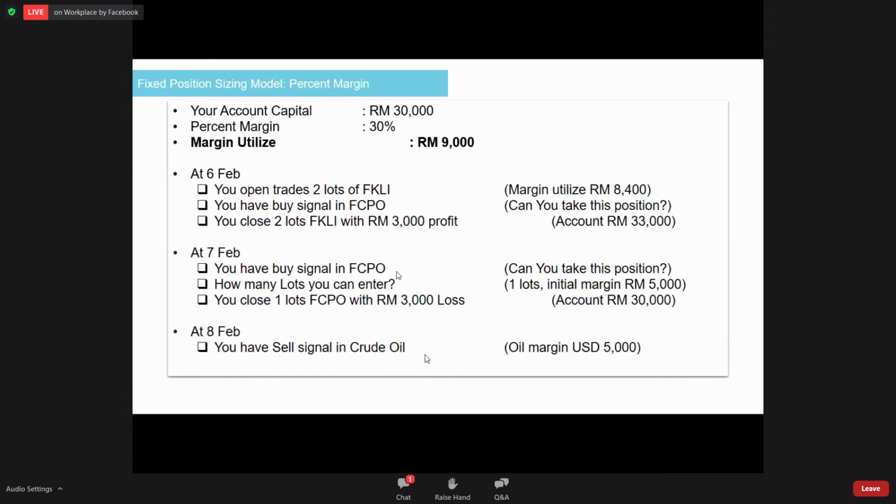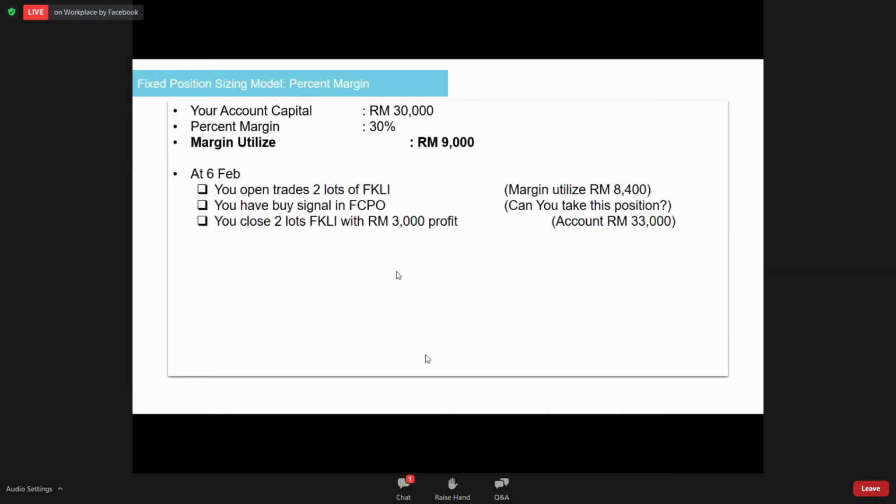So this is a scenario: for example, on 6th February, you trade 2 lots of FKLI. You have an open position of 2 lots with a margin of 8,004. So you have utilized 9,000 ringgit, and you have 6,000 ringgit left. Maybe only spread trading.